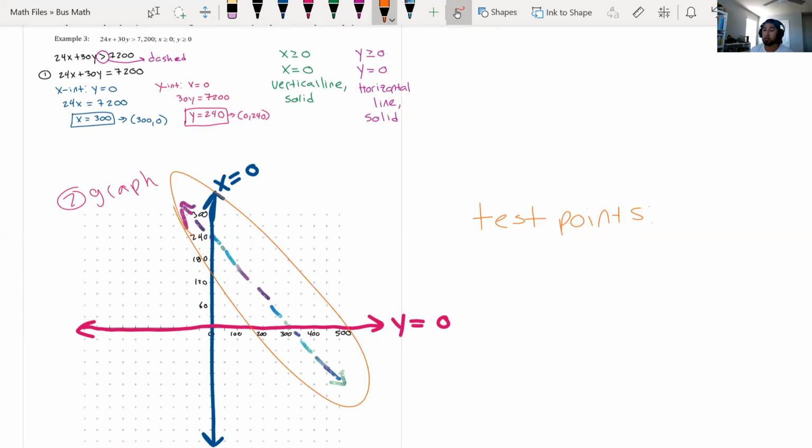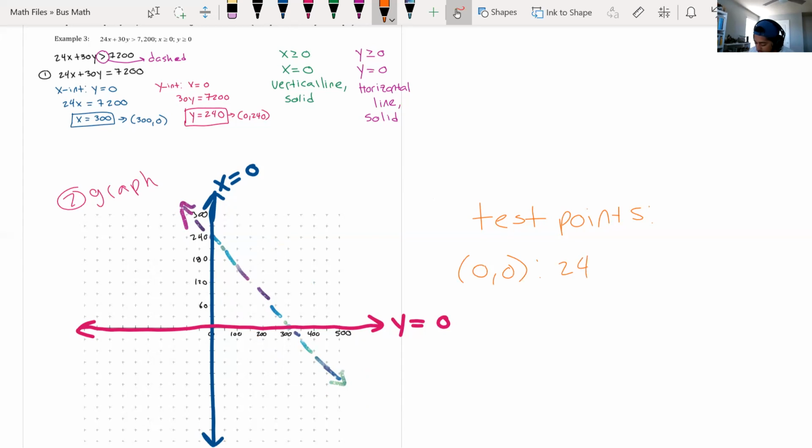Only focus on the actual line we have drawn here for the inequality, and pick a point above or below it. And since it's just you and I, Charles, guess what point's going to work out here? 0, 0. This point right here, because that's below our line, right? Yes, sir. So we're going to pick 0, 0.